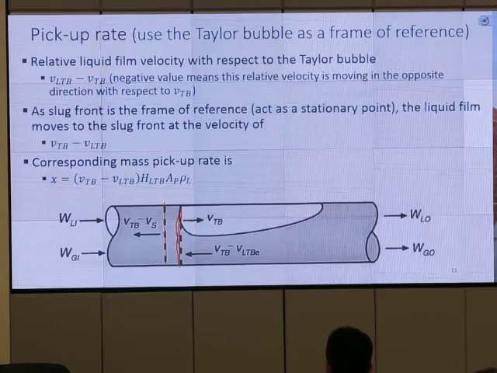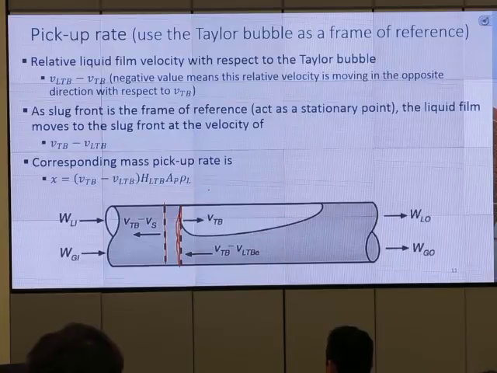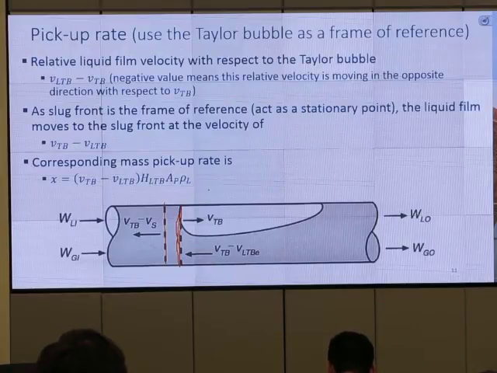Good. Mass coming in is with respect to the moving observer. For the moving observer, mass coming in is the relative velocity multiplied by cross-section area. That will give you volumetric flow rate, right? Multiplied by density, that will give you mass per unit time.